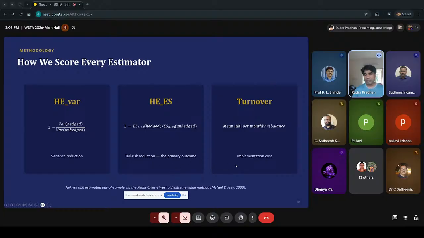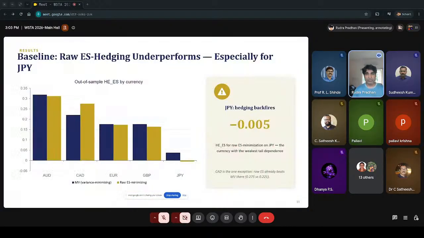And the third one is implementation cost, which is technically called turnover, reflecting the objective of any kind of financial investment. And I have already mentioned we have taken 5 different currencies, and we have applied this particular model to 5 different combinations.